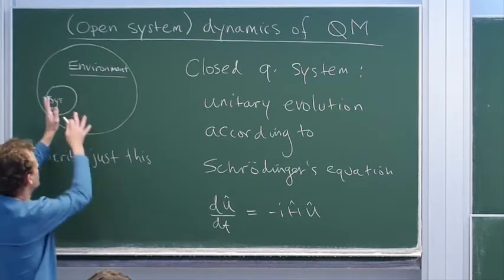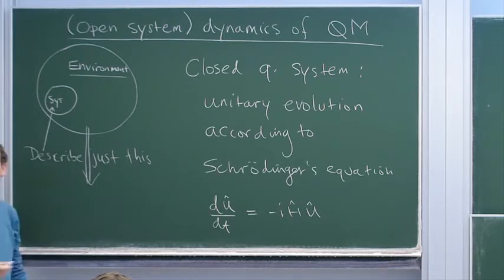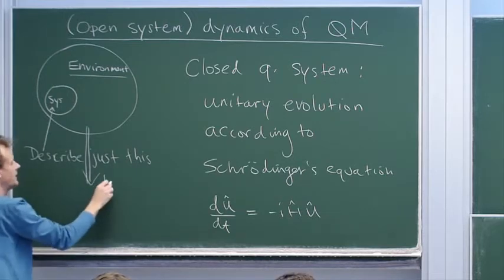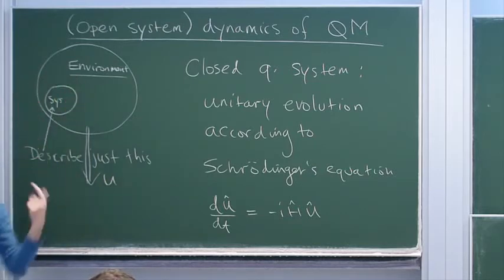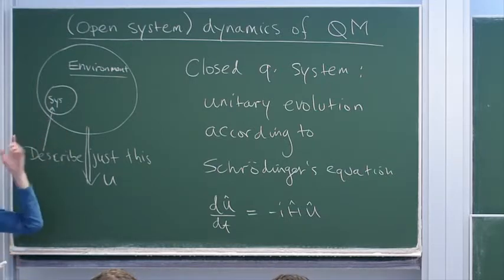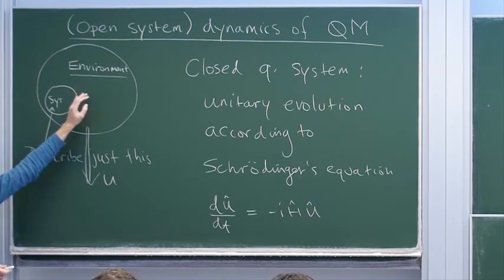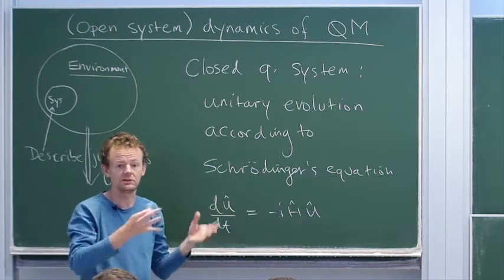And even though the whole system as a collective entity undergoes unitary evolution, because this line here indicates that the system plus environment is a closed quantum system, if we want to describe just the system itself in isolation without having to talk about the environment, then unless this U is pretty simple, something's going to happen, right?